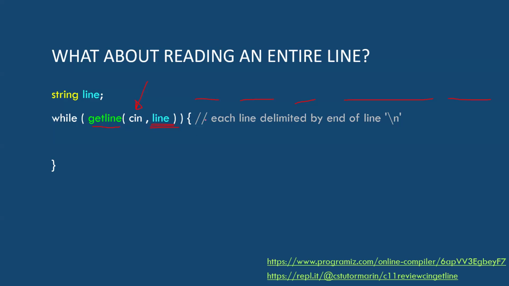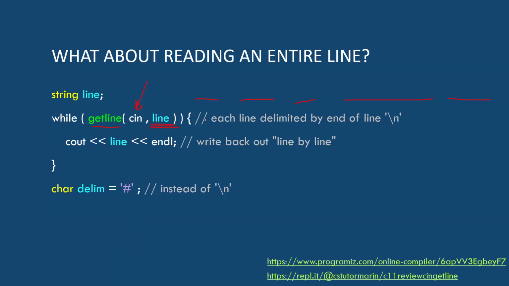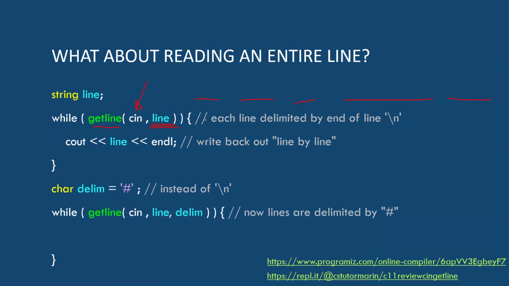Get me a whole line until the end of line, do something with it, and then go around and do that again. Of course, that works with different delimiters. We can say, hey, rather than going till the end of the line, just read until you get to whatever this is. We can specify that directly, or we can use a variable for that. By default, it's going to go to a \n, that's our default getline delimiting character.